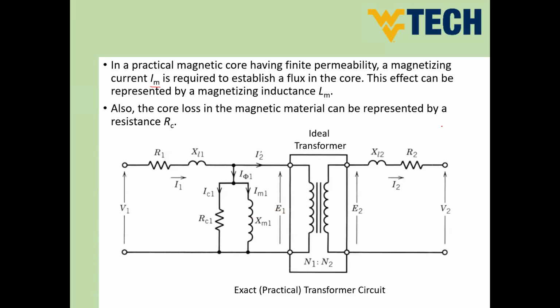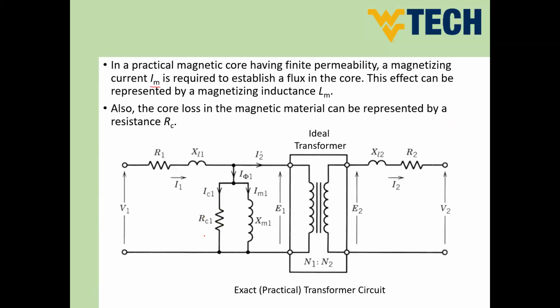You know, guys, the only element in electricity that can represent power is the resistor, whatever the type of power, whether it is power gained or power lost. So by the end, this has to be a resistor. Okay, so in order to represent the core loss in our transformer, we can use this core resistance.